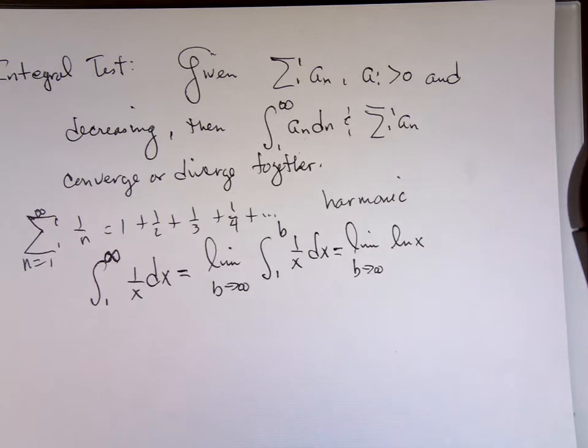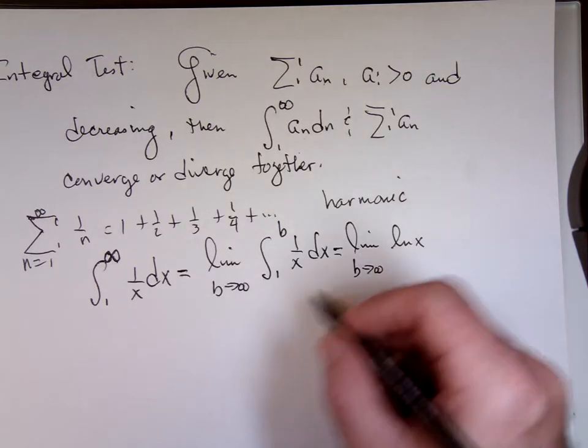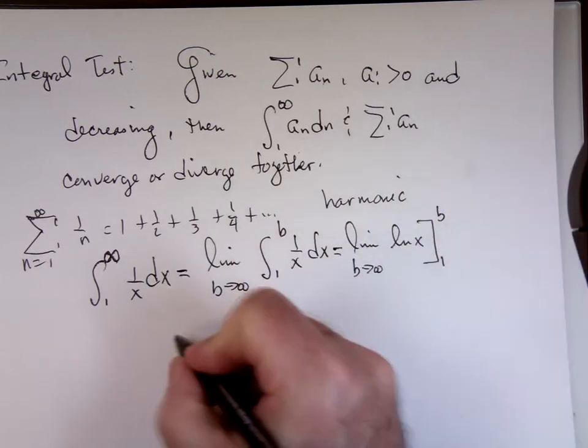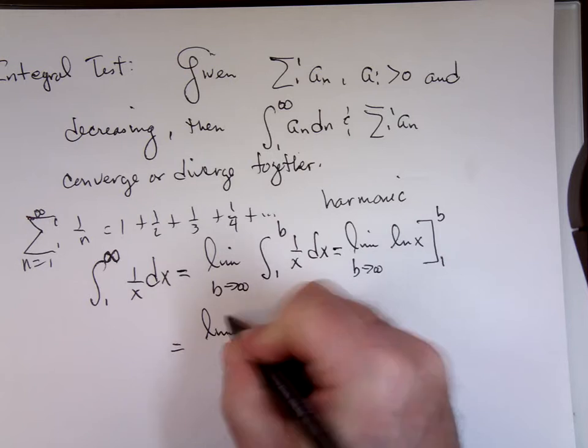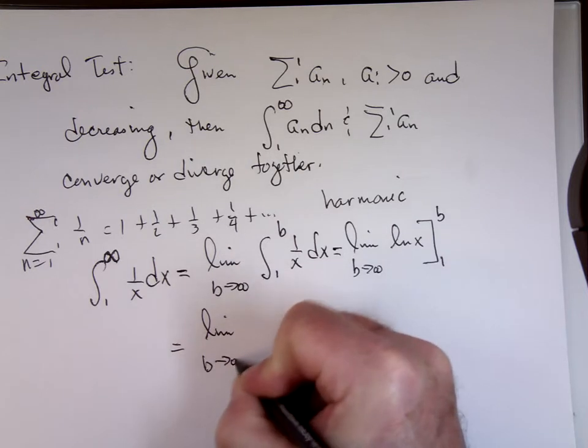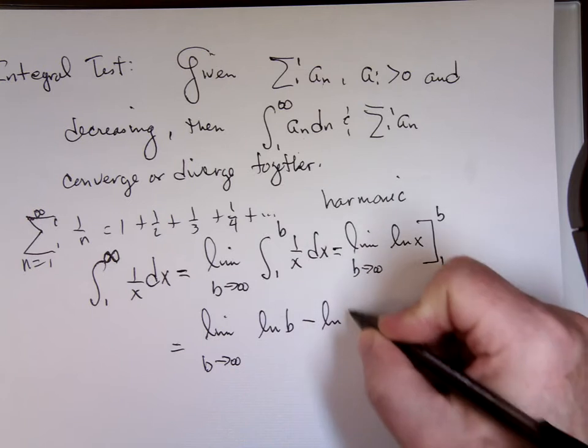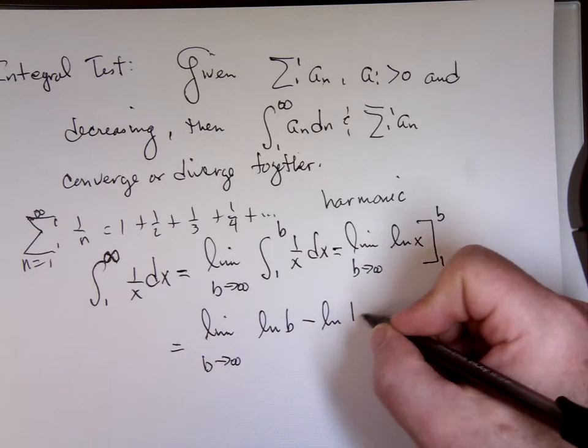So, integral of 1 over x, natural log. Take the limit as b goes to infinity of natural log of b minus the natural log of 1. Well, the natural log of 1 is 0.